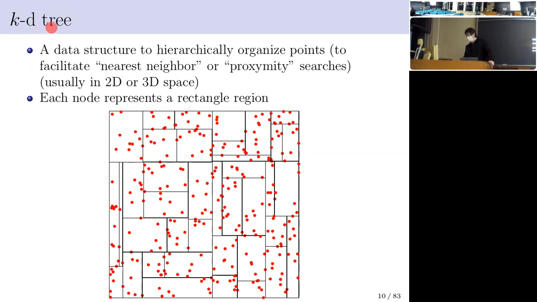So what is a KD tree anyway? It is a data structure to hierarchically organize points in typically 2D or 3D space. Theoretically, you can think of these points being in higher dimensional space, 4D, 5D or more. But in practice, the KD tree is most beneficial for relatively low dimensions like 2D or 3D.